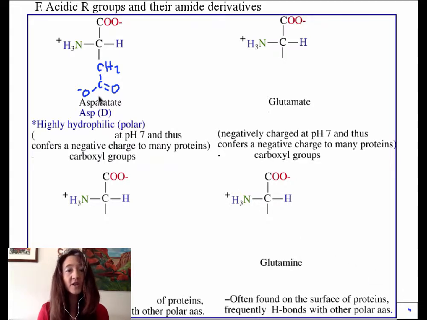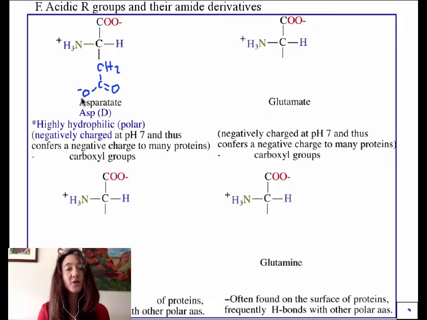So aspartate is a little bit unusual in that way. It's, of course, going to love to form interactions with surrounding water molecules, very highly hydrophilic, very polar, and negatively charged at a pH of 7. Now this is going to be true for nearly every cellular pH, because the pKa of aspartate is down near 3, and of course because of that, at most pHs that you would encounter in a cellular environment, most neutral pHs, this is going to be in its anionic form, negatively charged.